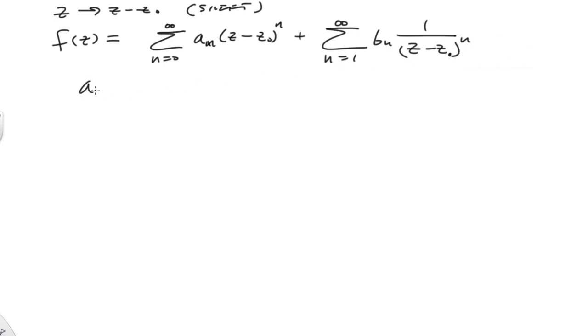Where an is going to be just like before, around some contour, and we can remove the labels on the contours. They just have to enclose z naught, really.